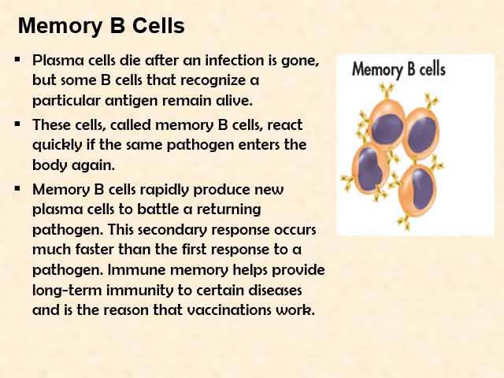Memory B cells rapidly produce new plasma cells to battle a returning pathogen. This secondary response occurs much faster than the first response to a pathogen. Immune memory helps provide long-term immunity to certain diseases and is the reason that vaccination works.